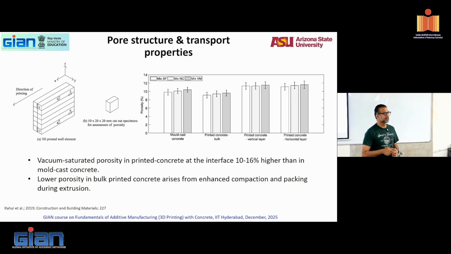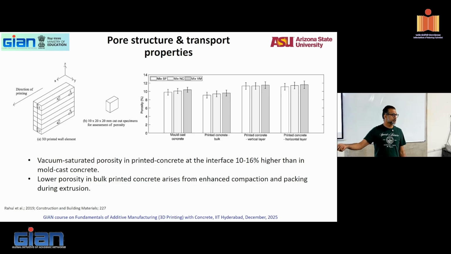So that's another nice way to quantify it. Any durability property is directly related to the connectivity of pores. The more connected the pores are, the less durable the material is going to be, whether it is corrosion of reinforcing steel, sulfate attack, or any moisture-induced process.